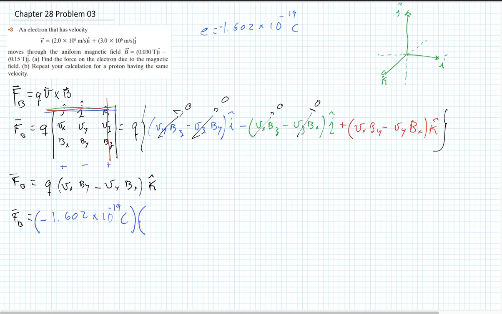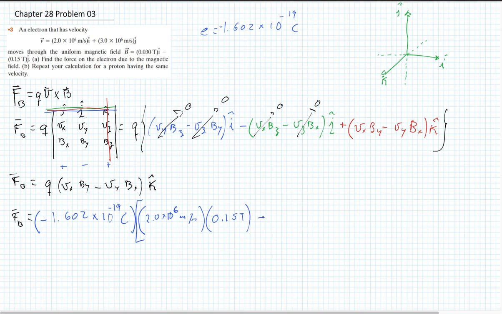Now, second one here, Vx. For Vx, I can just put a bracket here. Vx is going to be 2.0 times 10 to the 6 meters per second, right? And this will be the Vx. Now By will be 0.15 Teslas, okay?